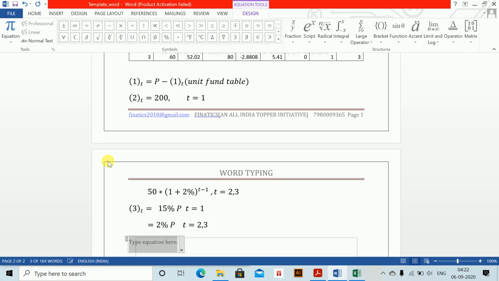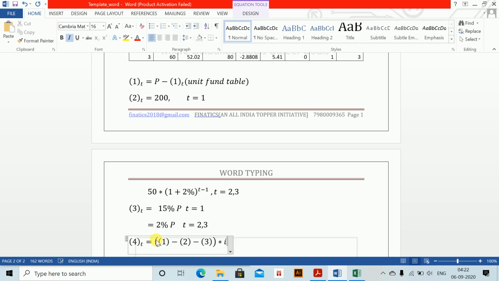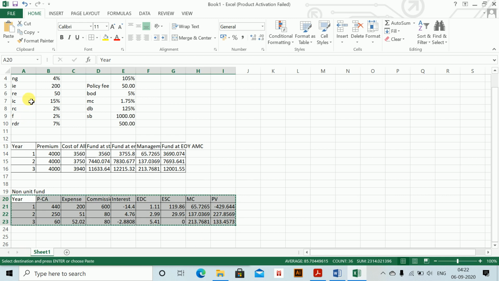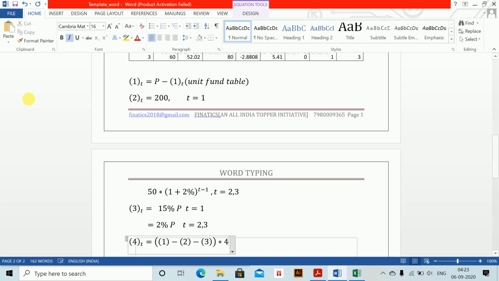Okay, 4_t is equal to 1 minus 2 minus 3 whole into I of non-unit fund, where I non-unit is 4%.